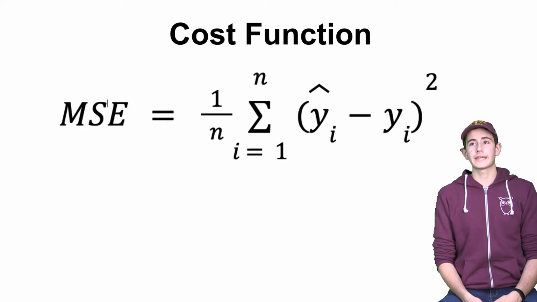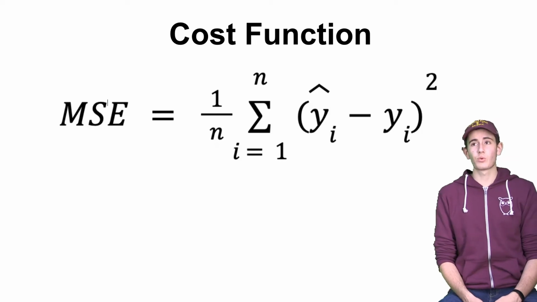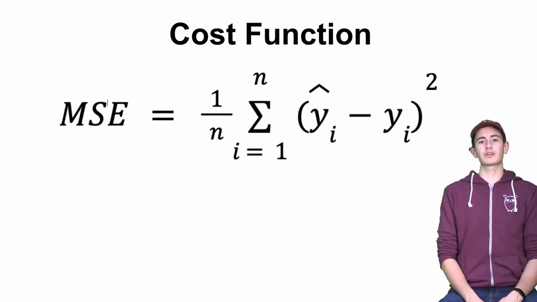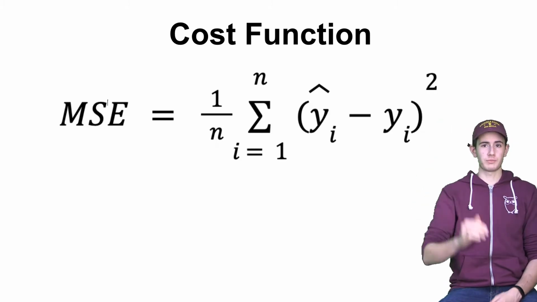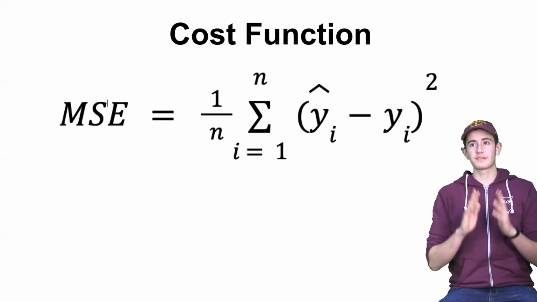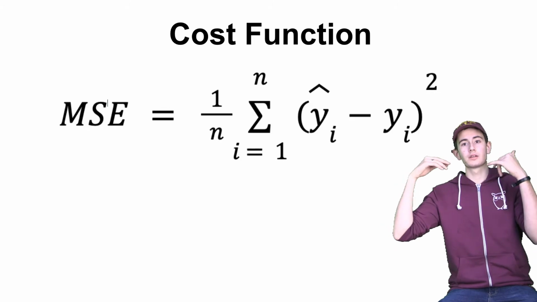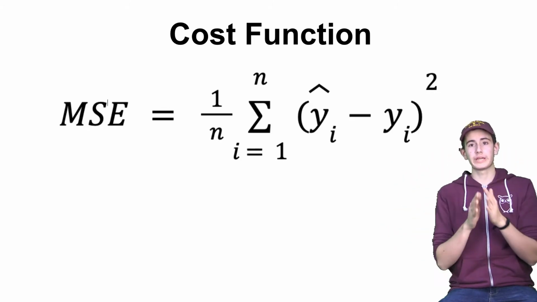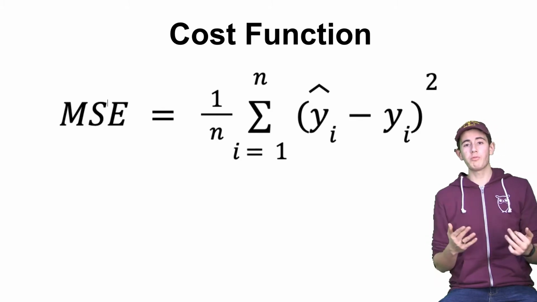So we're taking the mean here, the average sum of the differences squared between our prediction and our ground truth. Okay, 1 over n, so 1 over the number of samples, and then the sum of the squared difference between our ground truth and our prediction. Hopefully this is clear.